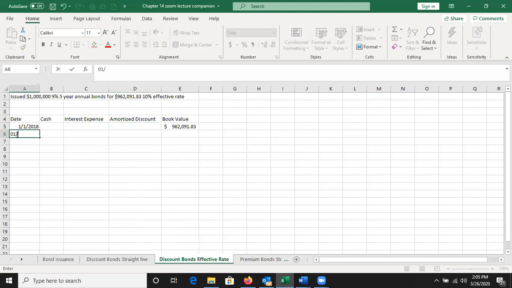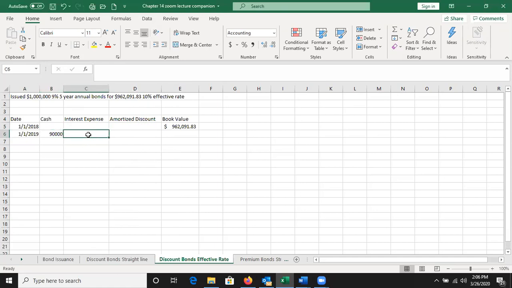So let's jump ahead to January 1st, 2019, the first time we pay interest. The cash we're going to pay out is calculated the same as it was under the straight line method. The 1 million face value times the coupon rate, 9%. Again, it's annually, so it's for 12 out of 12 months, which would simplify to 1, or we could just leave it as $1 million times 9%. So 90,000 is the cash.